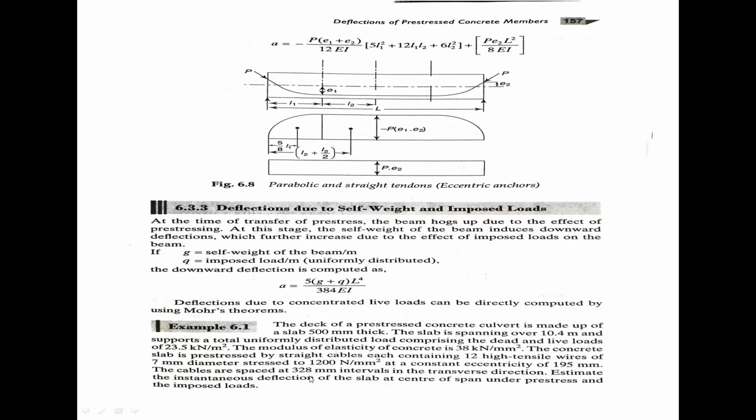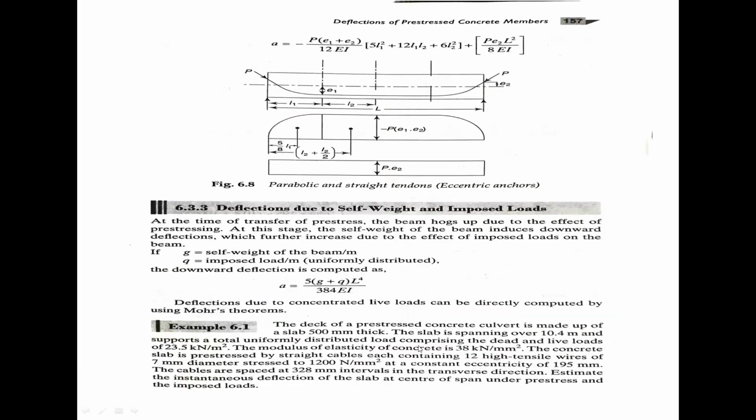The cables are spaced at intervals of 328 mm. Now the modulus of elasticity of concrete is given as 38 kN per mm square. Now taken into account: 12 into 38.5 into 38, with the correction for this problem being 38 only.